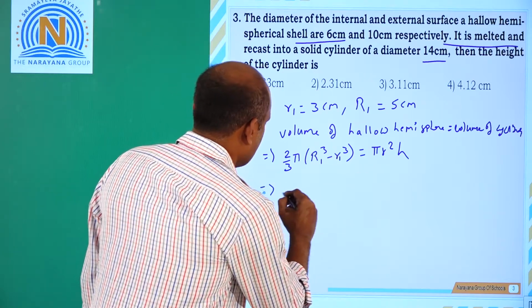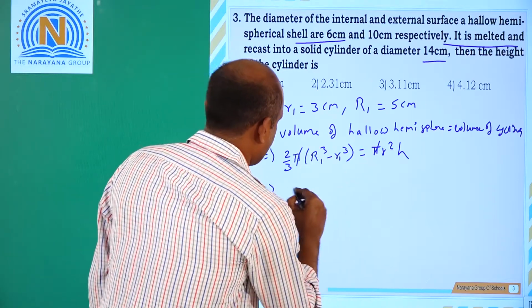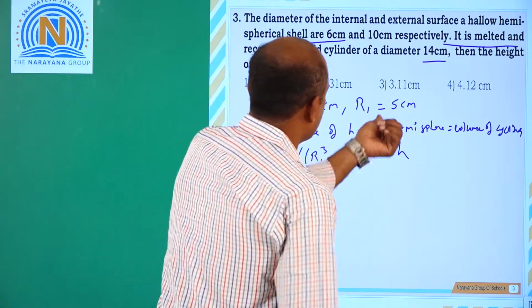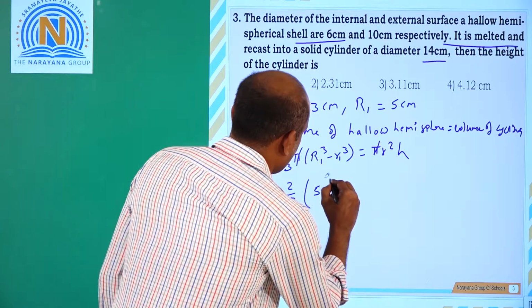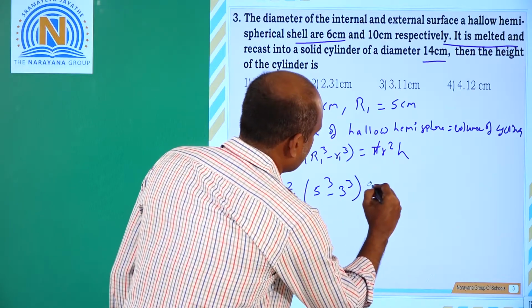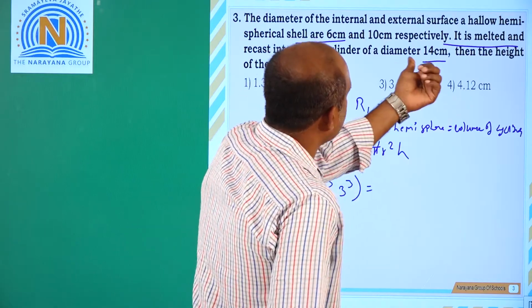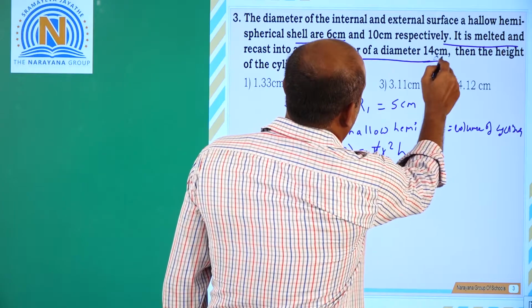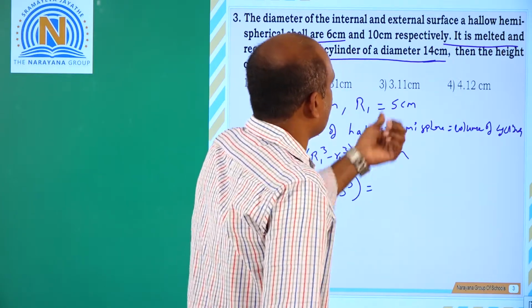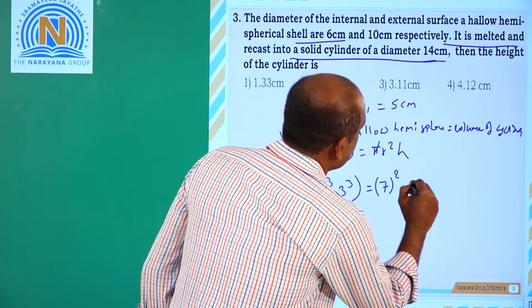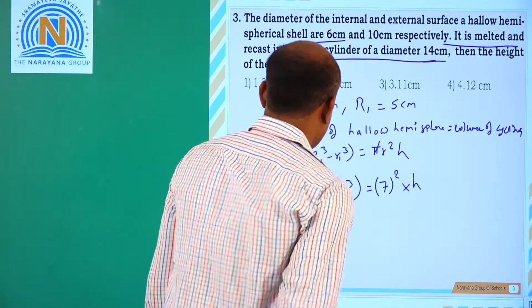This pi gets cancelled. 2 by 3 into R1 cube, 5 cube, minus small r1 cube, 3 cube, is equal to, what is the radius of the solid cylinder of diameter 14 centimeters? 14 centimeters means radius is 7. That is 7 whole square into h.